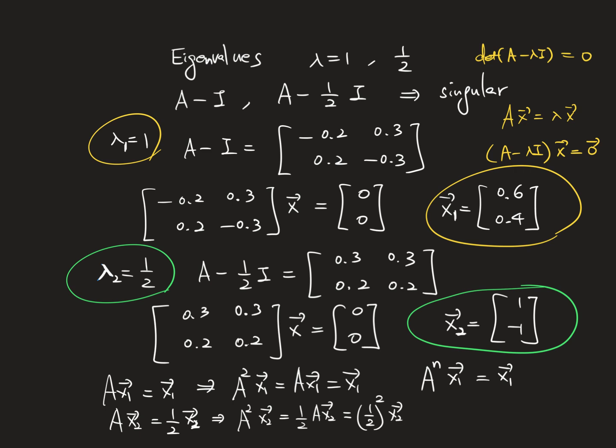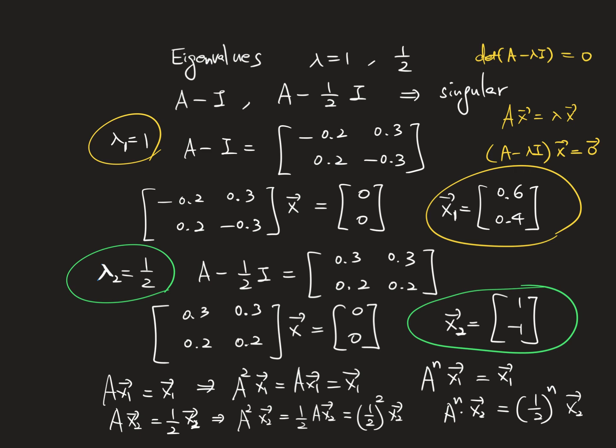So in this way, we can see that A to the n x2 vector will be 1/2 to the n x2 vector.